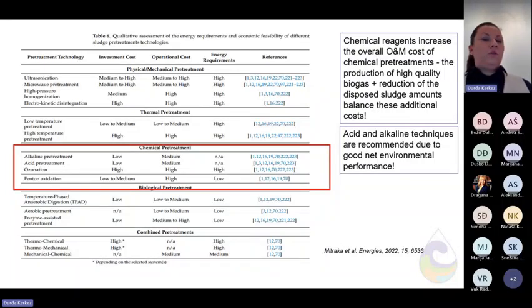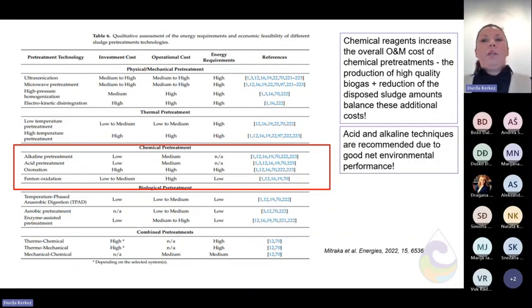In comparison to those techniques, chemical pretreatment and biological pretreatment have much lower investment and operational costs, and they are less energy intensive in comparison to physical, mechanical, and thermal pretreatment, and that's why we decided to use these chemical pretreatment methods to reduce waste and to produce more biogas.